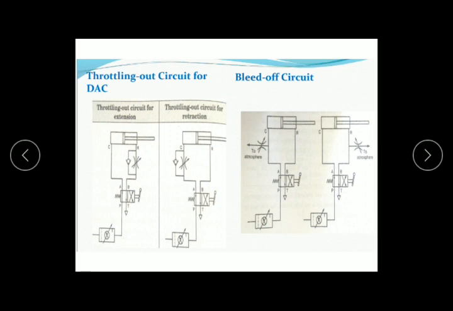To control the extension by using the throttling out circuit, the air is passing through the P port to A, then A to C, then extension will happen, and the oil from the rod end has only one way to pass, through this flow control valve. By changing the opening of this flow control valve, you can change the speed of the extension using the throttling out circuit. Similar working is there for the retraction in case of the throttling out circuit.